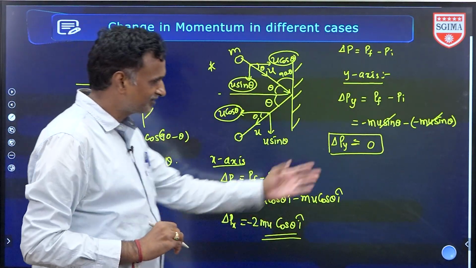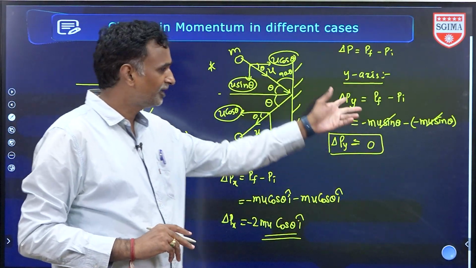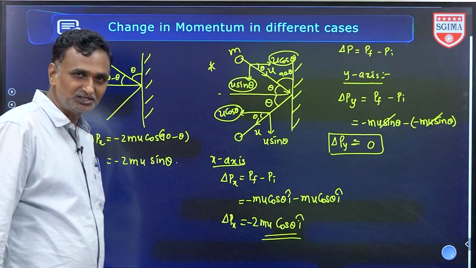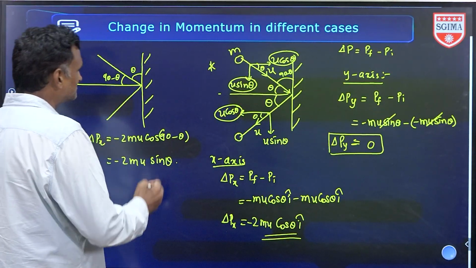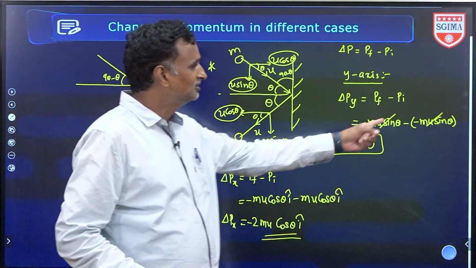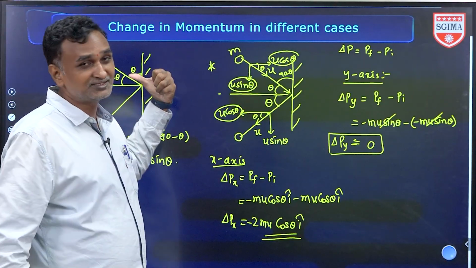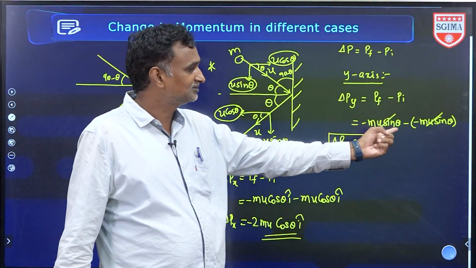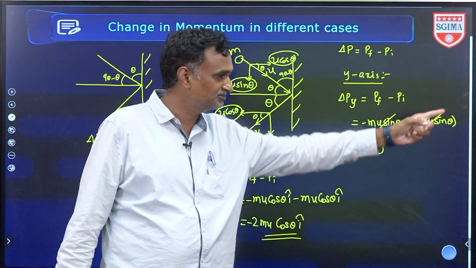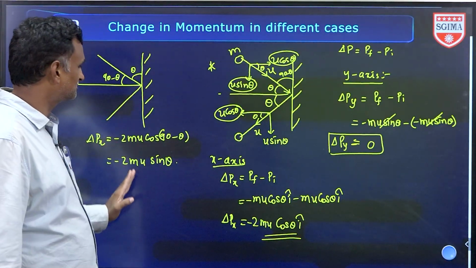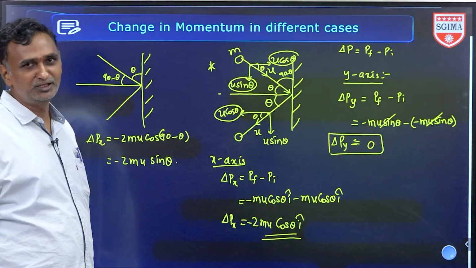But along the y direction there is no change, the y direction momentum always comes 0. Here, sin came earlier; in this case cos comes, so m u cos theta minus m u cos theta plus m u cos theta, again cancelling out to 0.